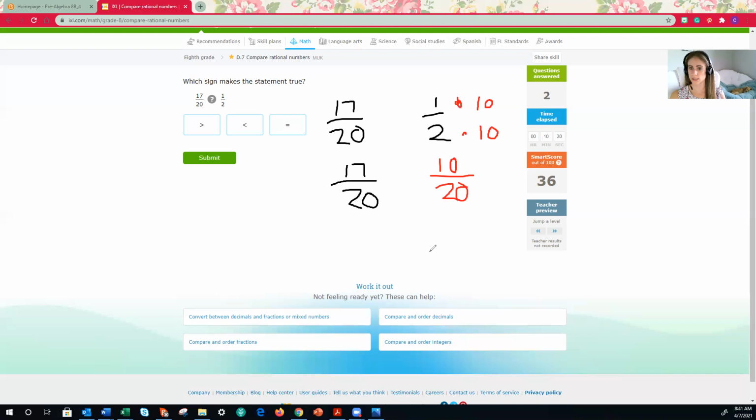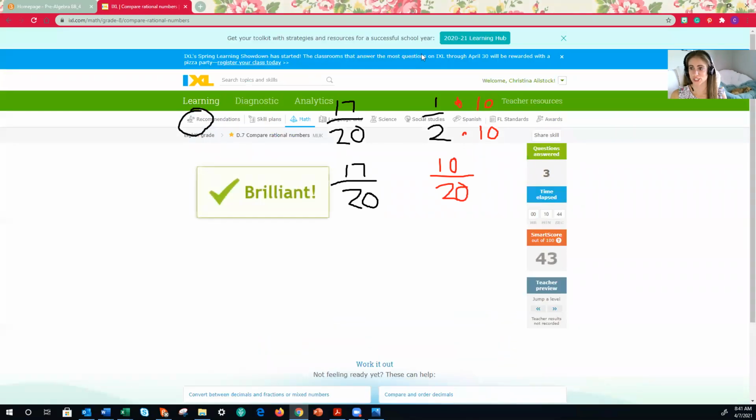Love it when that happens. All right, these numbers are positive, which means I don't have to really triple check my work, because is 17/20ths greater than 10/20ths? Yep, 17 is greater than 10, which means we have our answer.